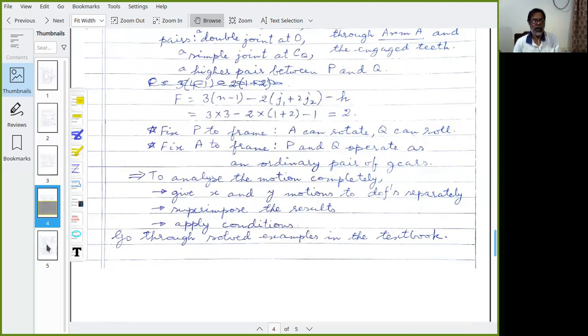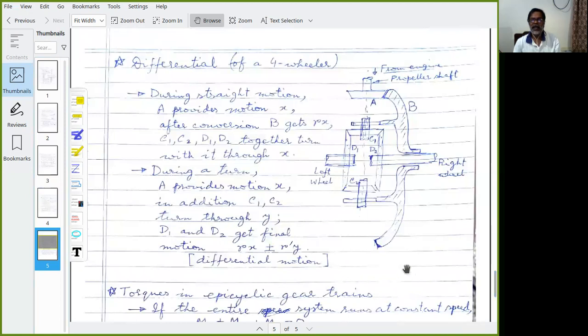Now, there is one very important and interesting application of epicyclic gear trains, and that is in the automobile differential. When you take your two-wheeler along a turn, the inner wheel and the outer wheel move at different speeds, and those different speeds are allowed by the device called the differential.